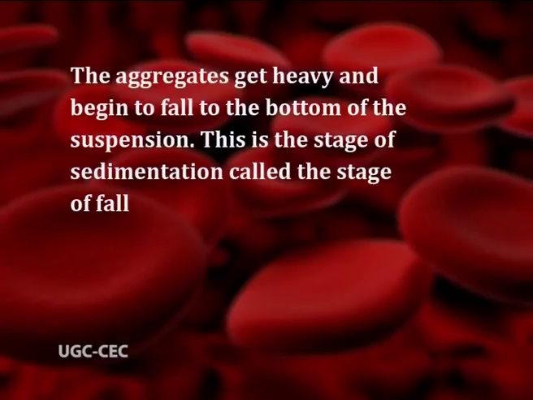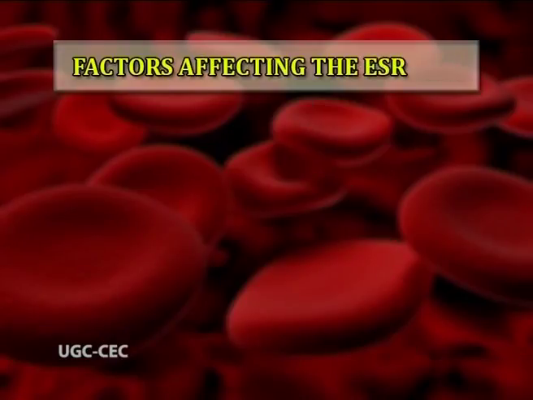This is the stage of sedimentation, called the stage of fall. The final phase is the stage of packing, with the cells and aggregates settling low down, leading to increased cell concentration, crowding and packing.